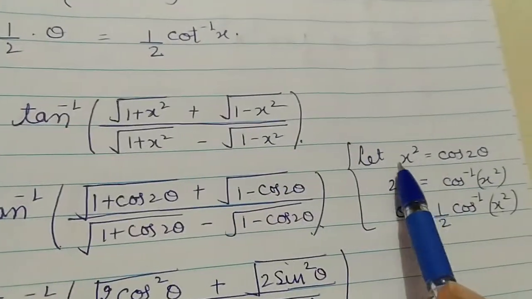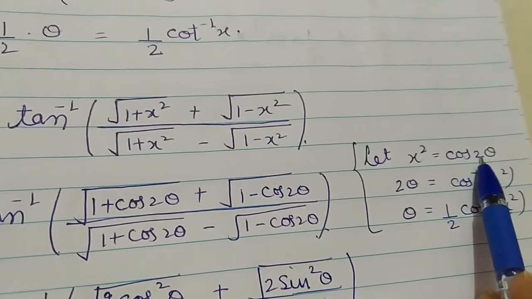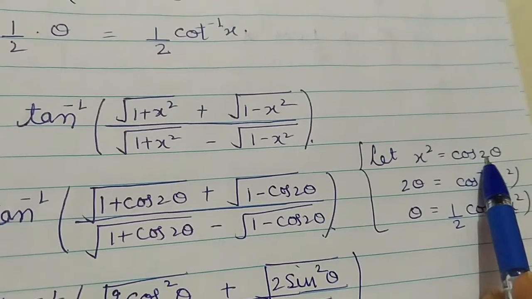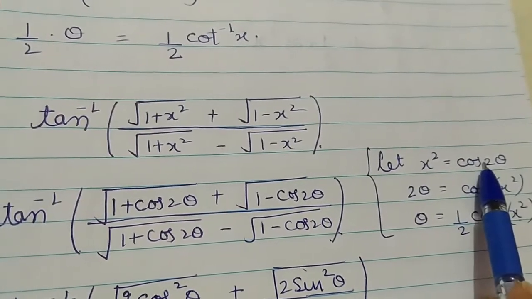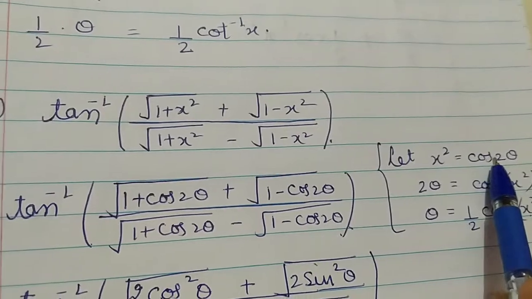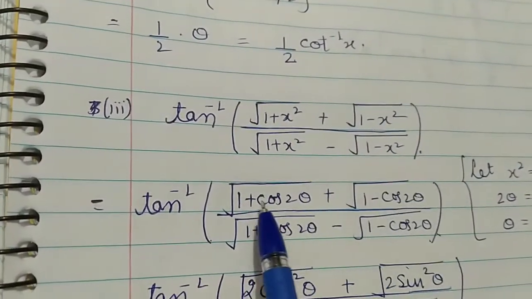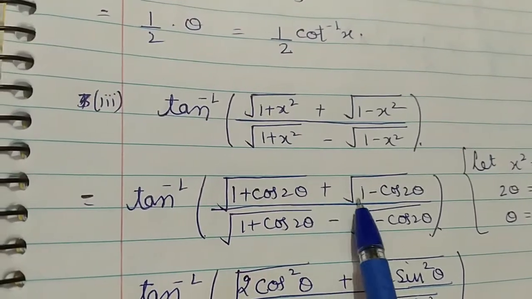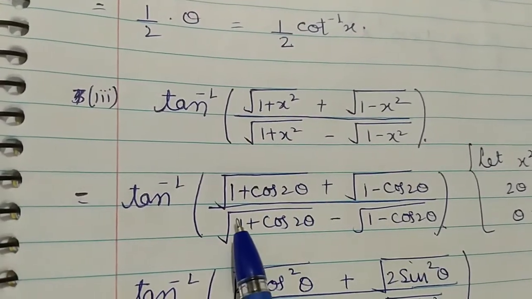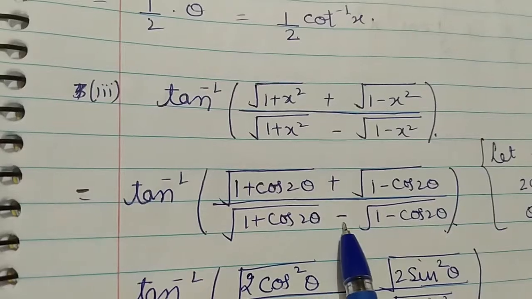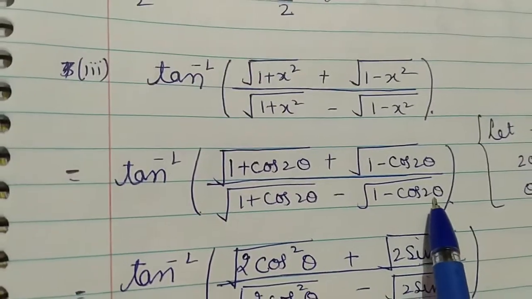Therefore, we apply x square equals cos 2 theta. After applying this, the term becomes root of (1 plus cos 2 theta) plus root of (1 minus cos 2 theta), whole divided by root of (1 plus cos 2 theta) minus root of (1 minus cos 2 theta).